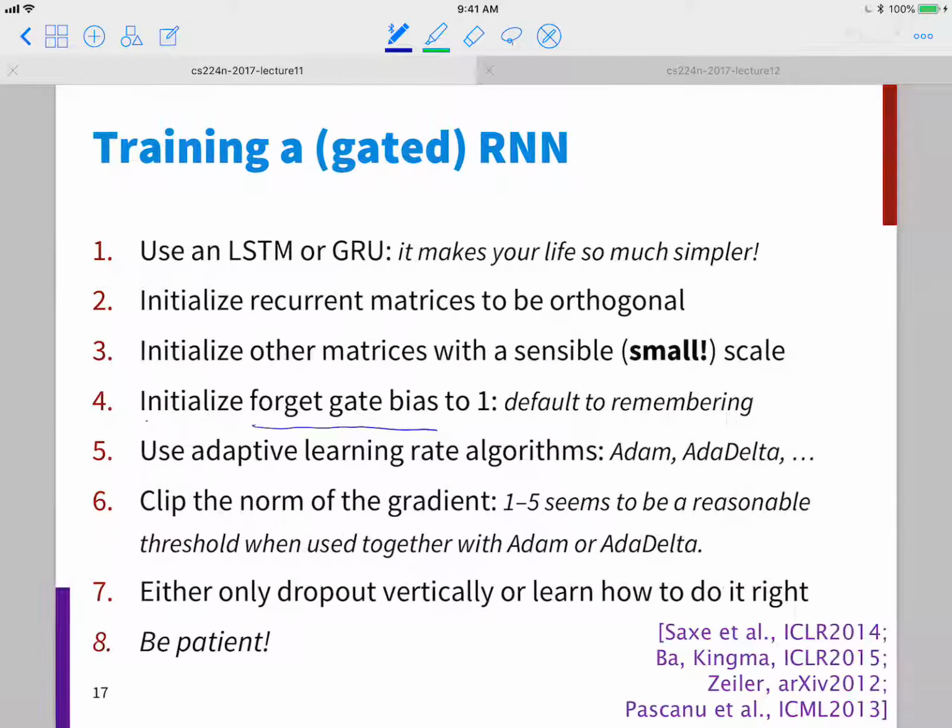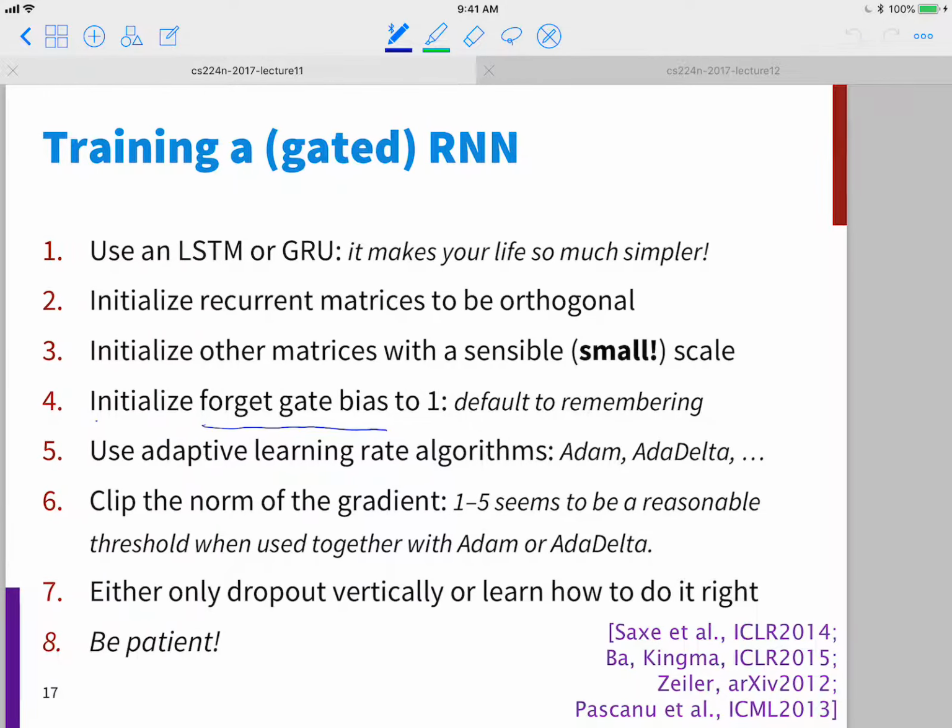So all the other linear combination weights should be initialized close to 0. Typically the initialization is done by randomly sampling Gaussian random variables with a sufficiently small variance, right?